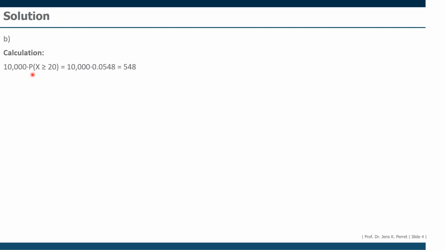Since we already know the probability from part A, we can simply multiply the 10,000 with this probability, giving us 548. So 548 customers will spend more than 20 euros while visiting the food court.